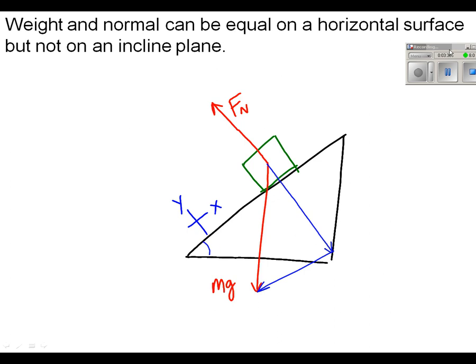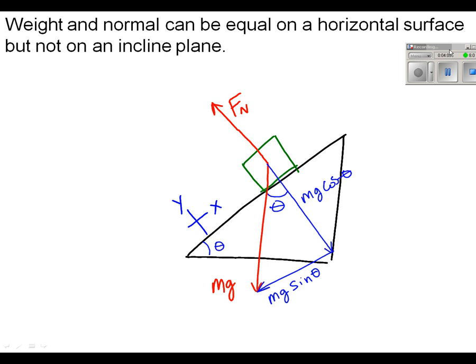If this is theta down here, if that's some angle theta, if you go through the geometry, you'll find out that that is theta as well. The red line is mg, and opposite of theta is going to be called mg sine theta, and adjacent to the angle is going to be mg cosine theta.